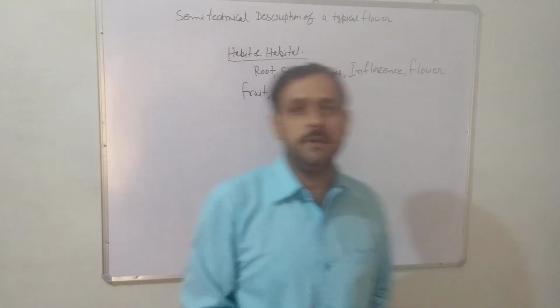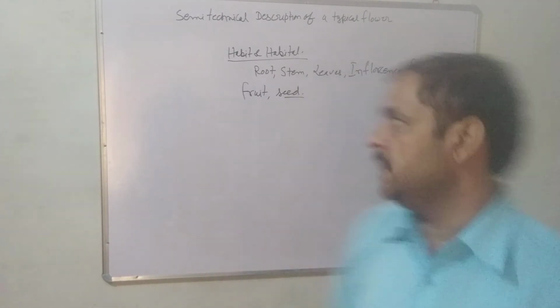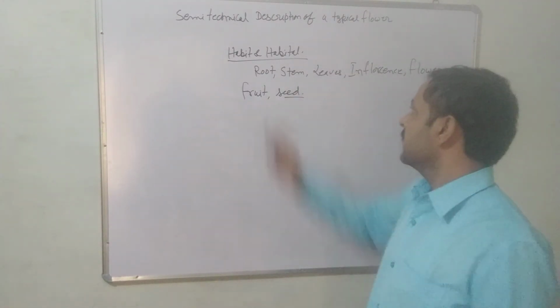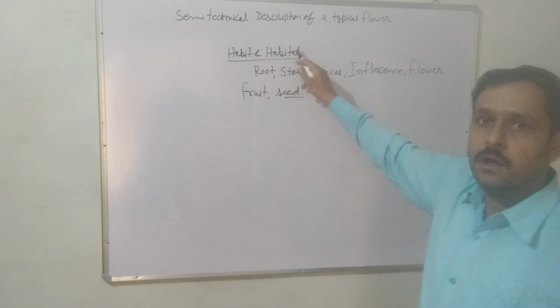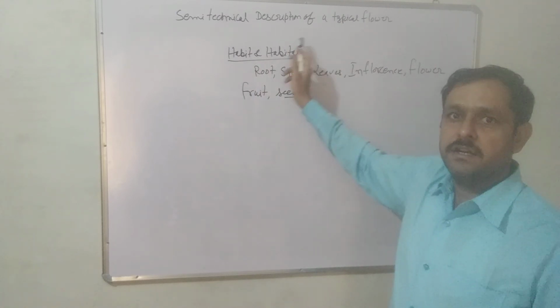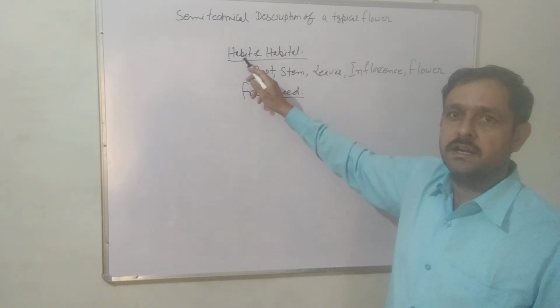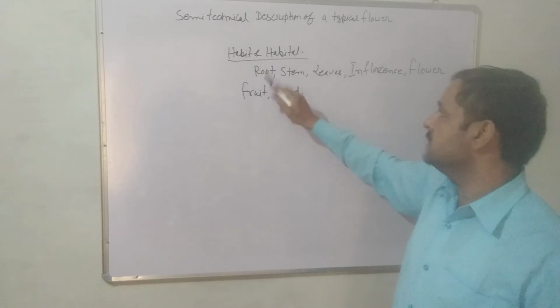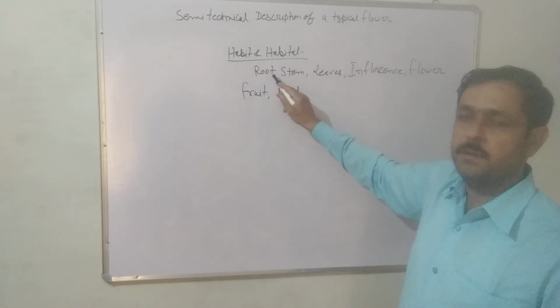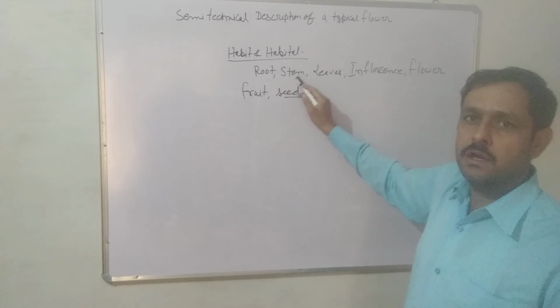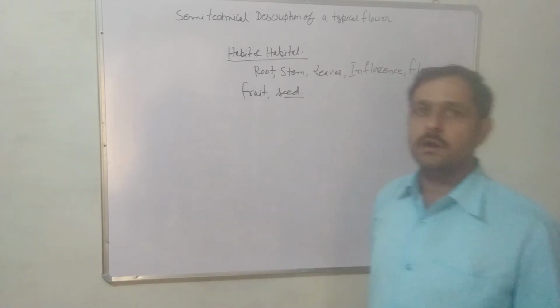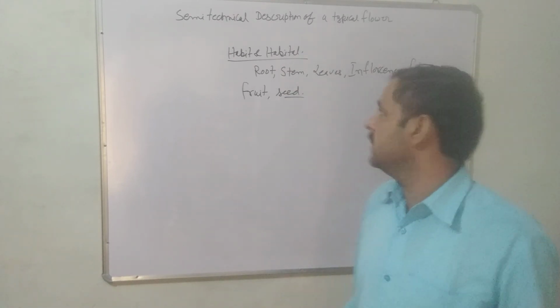In the semi-technical description, we write habit and habitat, meaning whether the plant is aquatic or terrestrial. In terrestrial, whether it is xerophytic or other conditions. In root, taproot or fibrous root. In stem, erect or cylindrical, underground stem, half aerial stem or aerial stem.